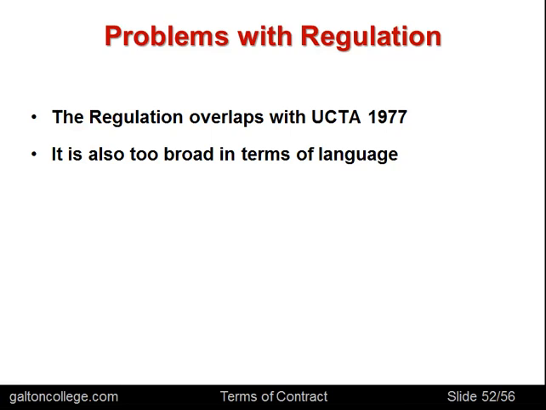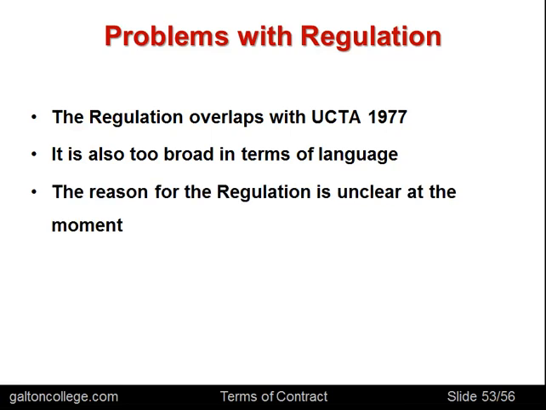It tries to define and give guidance in terms of reasonableness, and that's a very complex thing to do also. The reason for the regulation is unclear at the moment. It needs to perhaps go back through Parliament and perhaps be incorporated into a new contract law, which would incorporate the 77 and the 99 attempts.